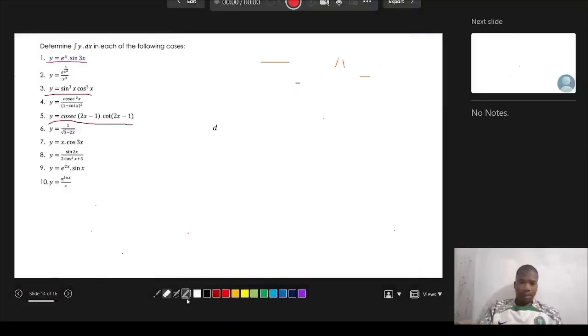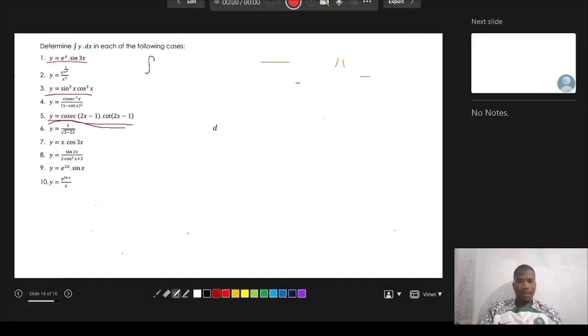So now we have our other question here, which is y is equal to cosec of 2x minus 1 multiplied by cot of 2x minus 1. So we have to integrate this.